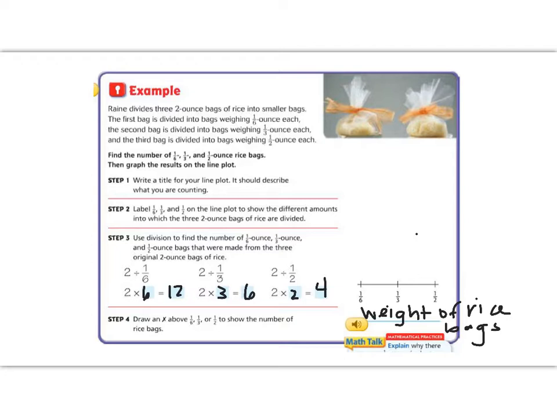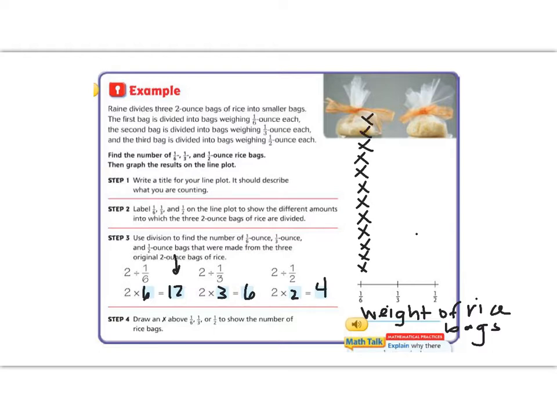So now let's go ahead and add those x's to our line plot. So above the 1/6, we have 12 x's. 1, 2, 3, 4, 5, 6, 7, 8, 9, 10, 11, 12.